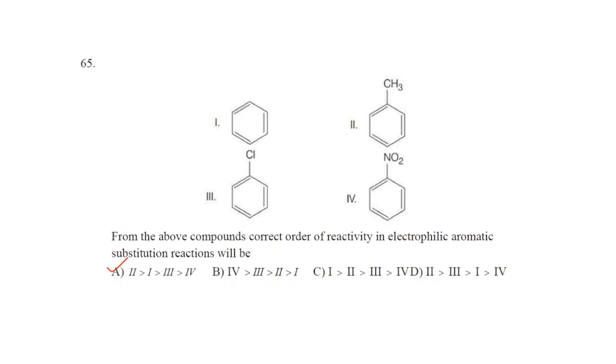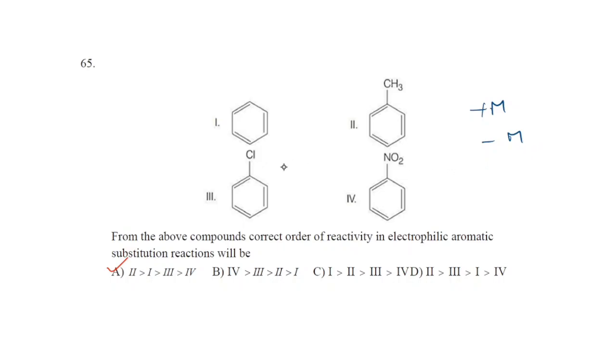From the above compounds, the correct order of reactivity in electrophilic aromatic substitution reaction. We know that plus M groups activate the ring, and they are the ortho para directors, and minus M groups are nothing but the meta directors.